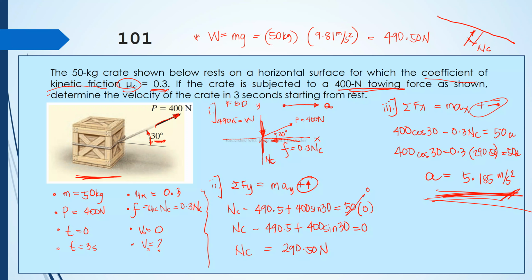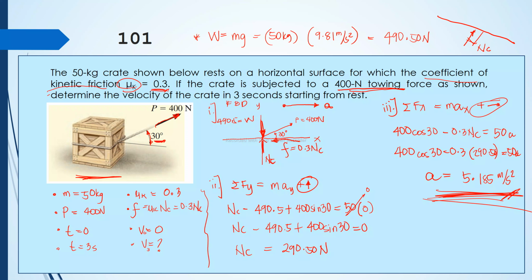After determining the normal force, we proceeded with summing forces along X. Again, the acceleration along Y is 0 because the object is not accelerating along the Y axis. The object is only accelerating along the X axis, or horizontally.